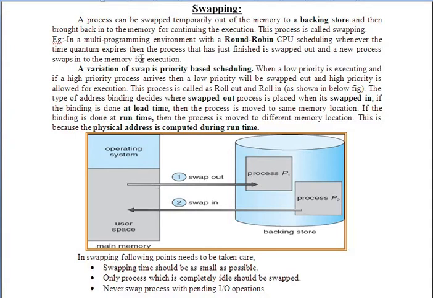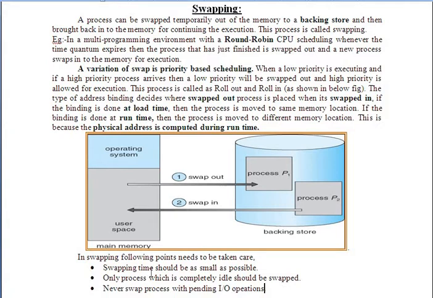Okay, so I repeat again, in priority based scheduling, the terms used for this swap out and swap in are roll out and roll in. Roll out is nothing but swap out and roll in is nothing but swap in. Now we have to be very careful in swapping in and swapping out of the processes, especially swapping out the process from the user space.